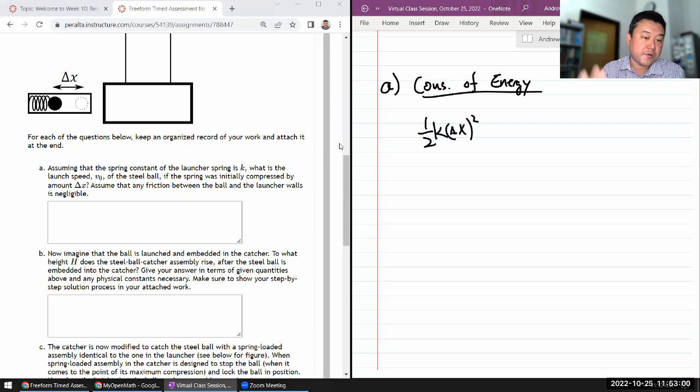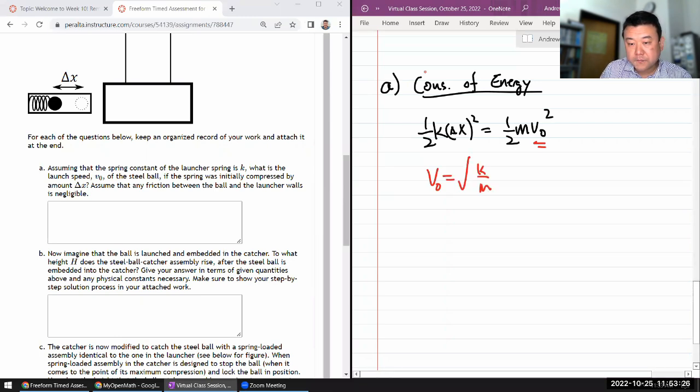It will have transferred into the kinetic energy. So we say this is equal to the final kinetic energy of the ball. I'm just shortcutting some of the steps in the interest of time, and also because it's particularly simple. So they're asking for this v naught. Doing the algebra in my head, v naught is the square root of k over m times delta x.